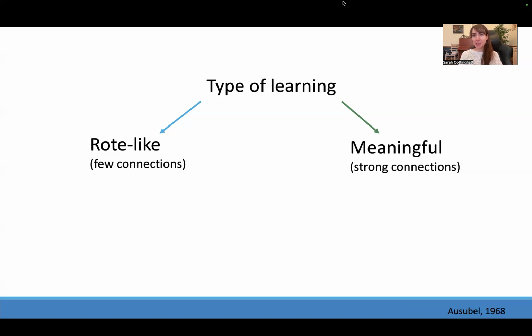And we're going to come back to this idea of paths later on. But we need to think about how we introduce new ideas. What path are we sending them down? If we make explicit links and use meaningful processing tasks, we can really help to send it down this more meaningful path with these stronger connections.